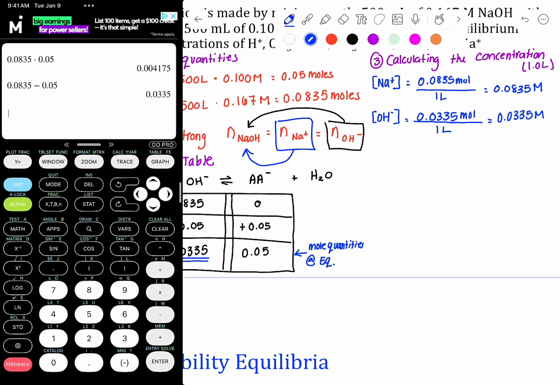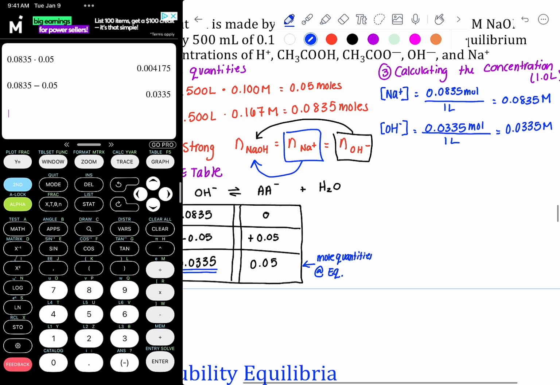And we can do the same thing for our acetate ion, so our A-. It's just going to be that mole value, 0.05. We'll add 2 more decimal places on there for sig figs, divided by 1 liter to give us 0.05 molar.